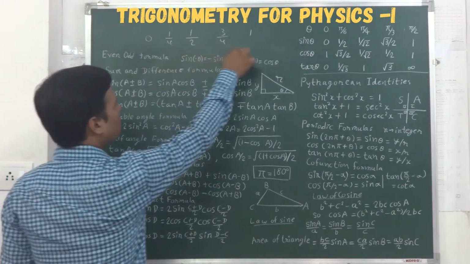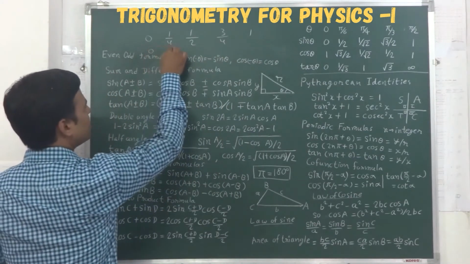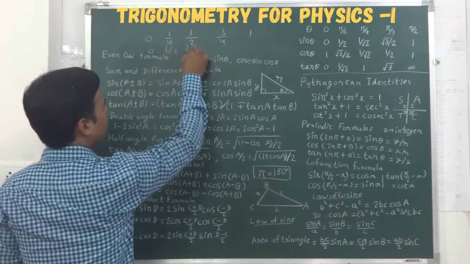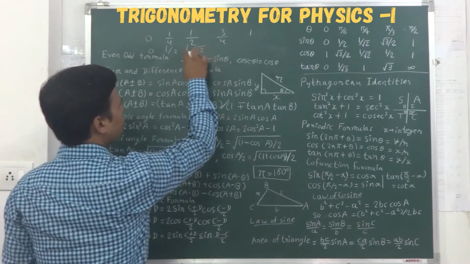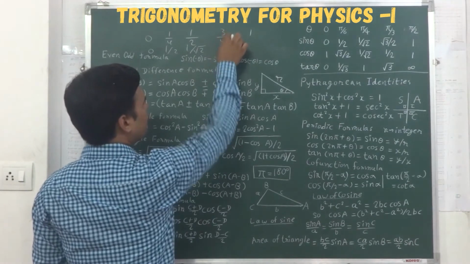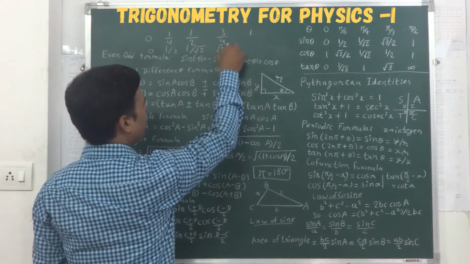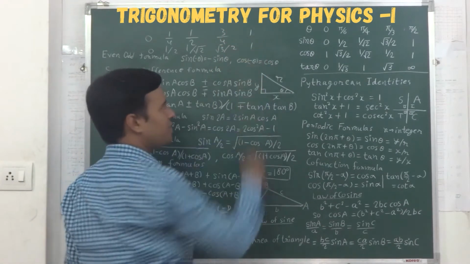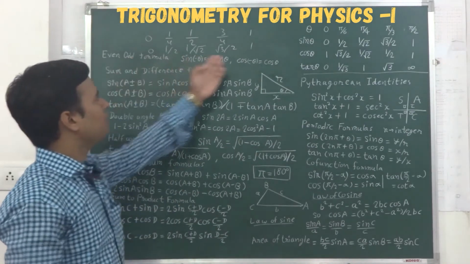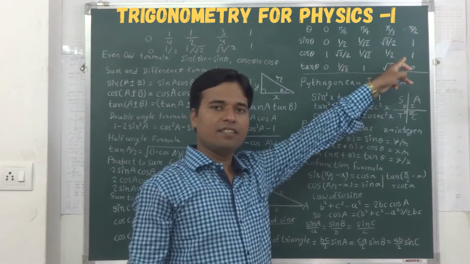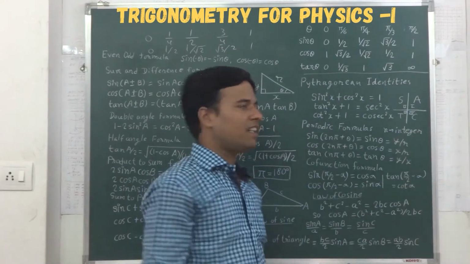Get its square root values, you will get 0, half, square root of 1 by 2 that is 1 upon root 2, square root of 3 by 4 that is square root of 3 upon 2, square root of 1 that is 1. Here are those values which are written here in front of sin theta.